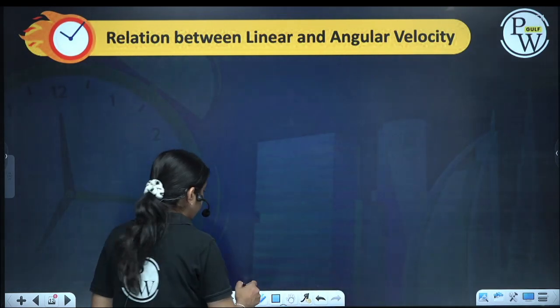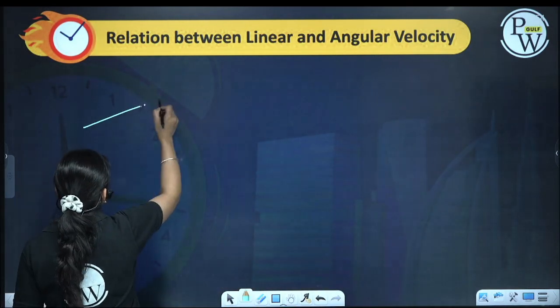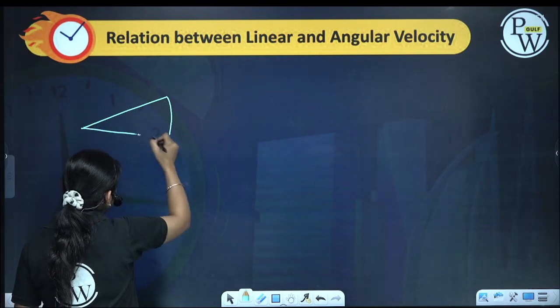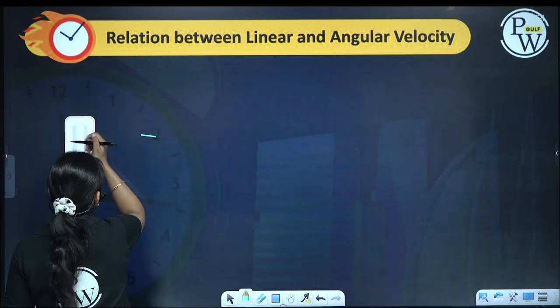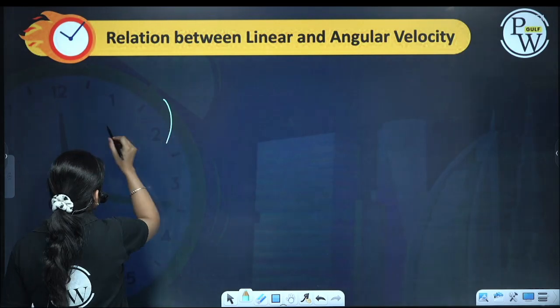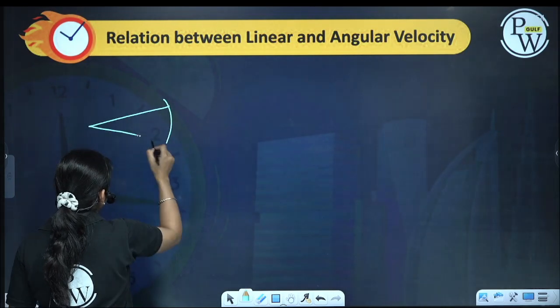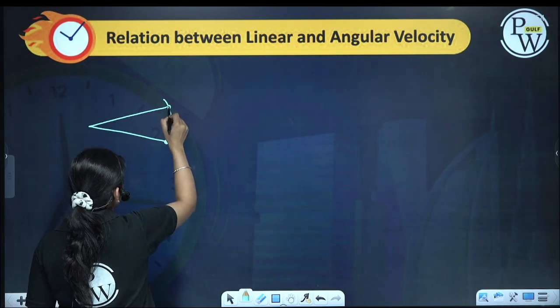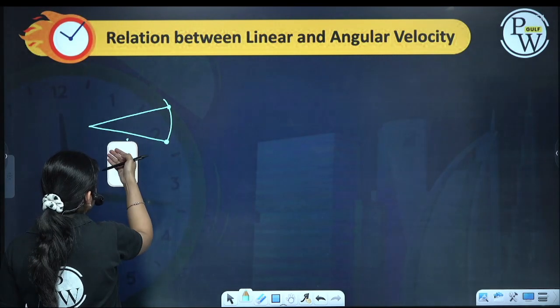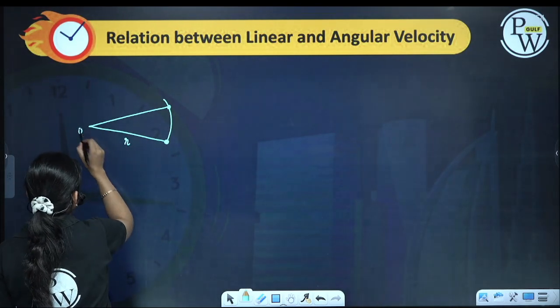Suppose my particle is rotating in a circle of radius r. This is my center.